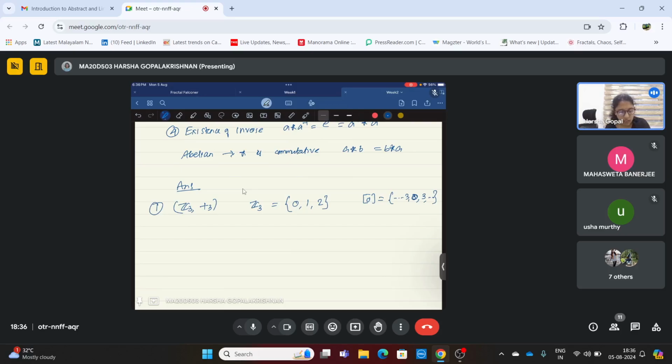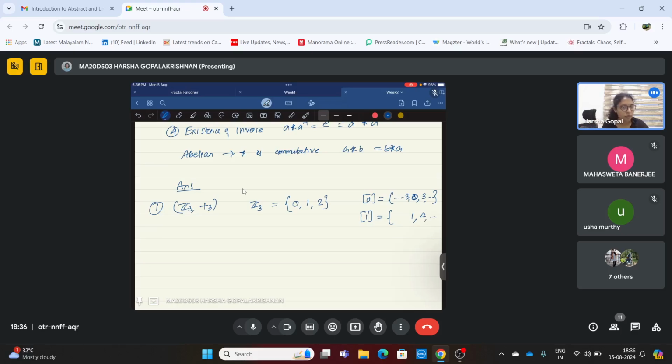So this 0 represents the class 0, as we have already seen with equivalence classes. Now class 1 will be all the elements that give remainder 1 when divided by 3. For example, 1 divided by 3 gives remainder 1, and 4 divided by 3 also gives remainder 1.